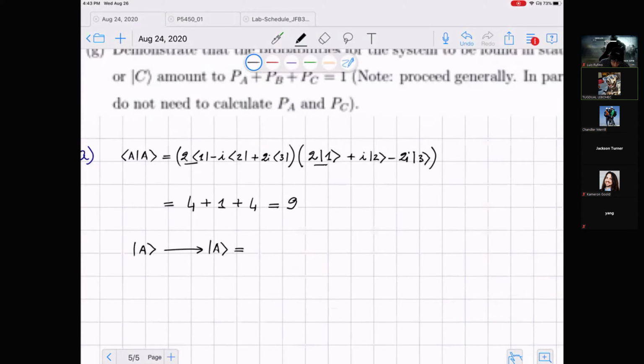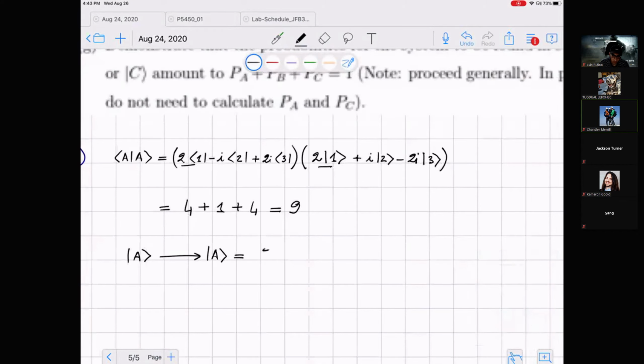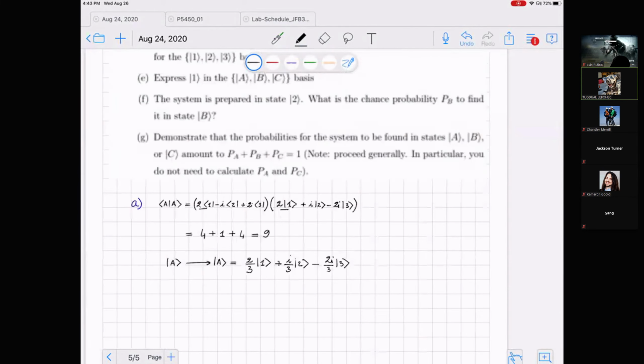So 9 is, oh, 3. Wait, yeah, 3, right? Okay. So the answer is going to be 2 over 3 times 1 plus i over 3 times 2 minus 2i over 3 times 3. Okay?